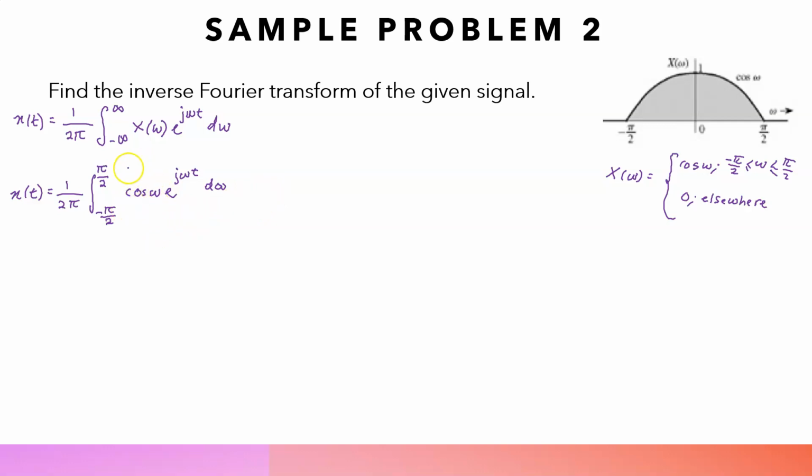Now, the most important part is the integration of this. We have two terms, which are cos omega and e^(j omega t).